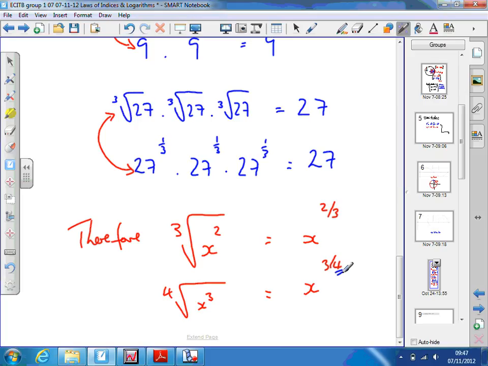So that's one way of remembering which way round it goes. Is it 3 over 4 or 4 over 3? It's 3 over 4 because the roots go underneath. Then it would be x to the 4 over 3 if this was the cube root of x to the 4. It's whatever the root is.